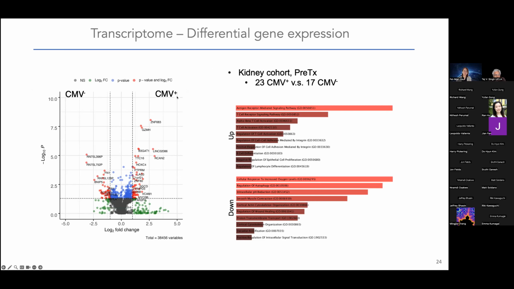We find that in CMV positive patients, the upregulated genes are more related to the T cell immune response, which is pretty consistent with what we found in the hypomethylated regions. For the downregulated genes, they are more related to oxidative stress and autophagy.